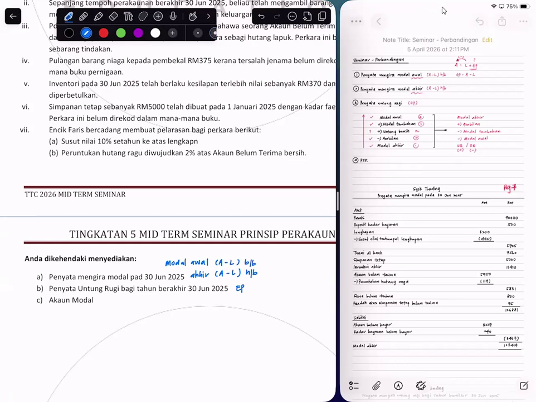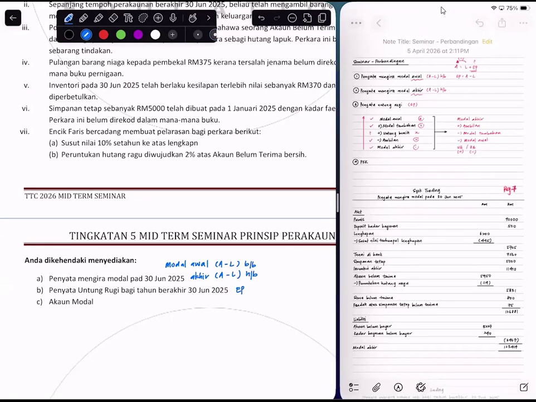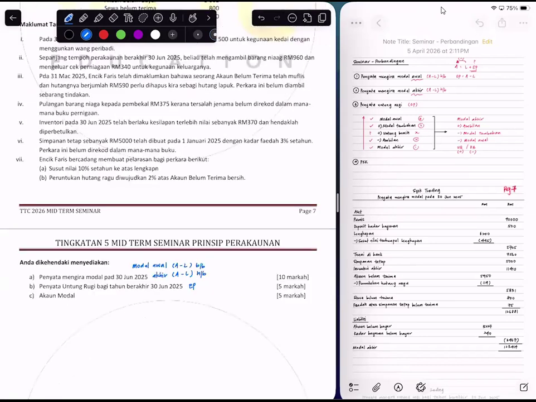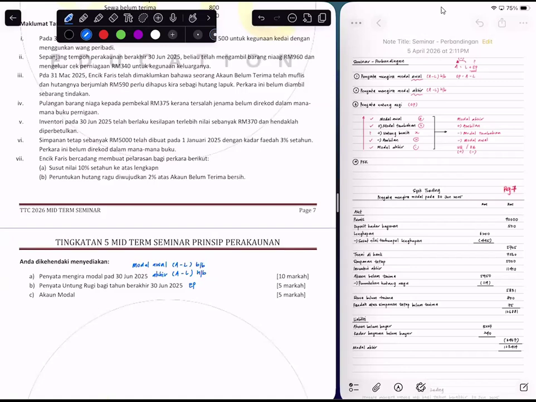Okay. Then last one, account modal. This one is a special account that we learn for this topic. But this account modal is different from the perkongsian account modal. Because in the tuition class, we are learning perkongsian. We need to prepare account modal sometimes, right? And the only thing to record into account modal in perkongsian will be modal tambahan. But if you check this question, the question asks us to prepare account modal, having 5 marks here.